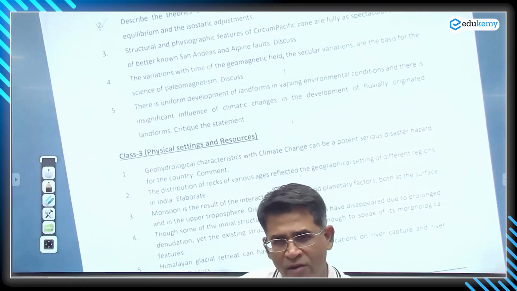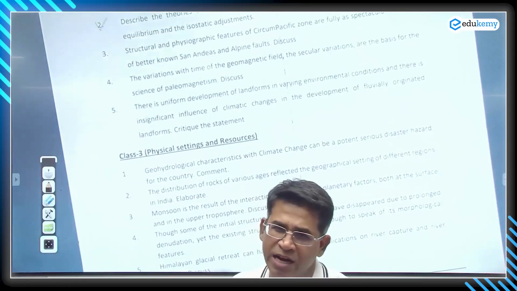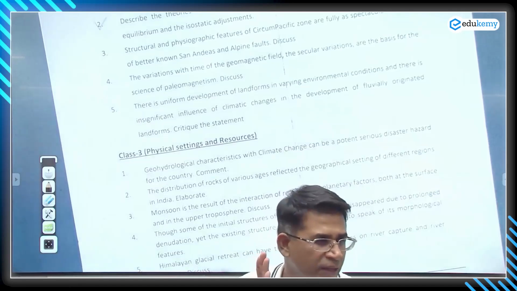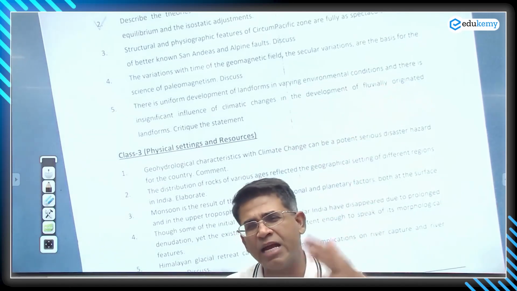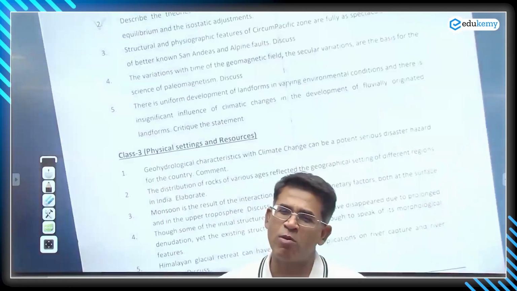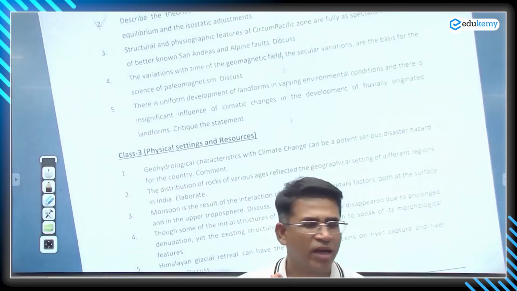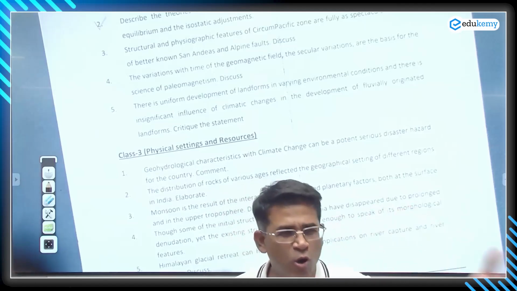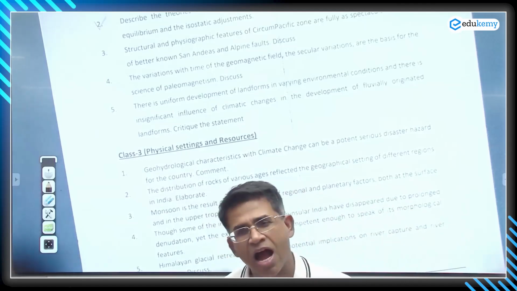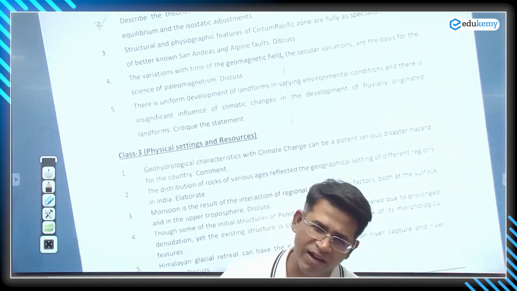Wet area चले जाओ, delta बनेगा triangular. Cold area जाओ, delta बनेगा triangular. You go to hill area, plain area, कहीं भी चले जाओ, the river is always going to be a V-shaped river. Whether you are in high latitudes, low latitudes, cold conditions, wet conditions, अगर flat surface है, the river will meander.